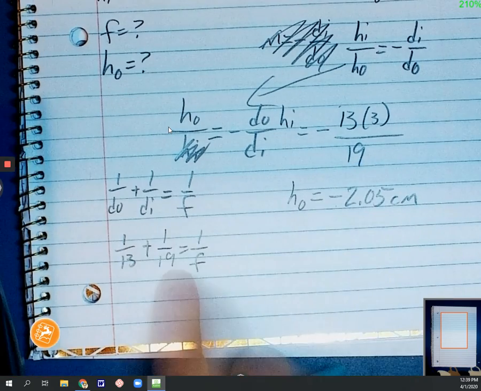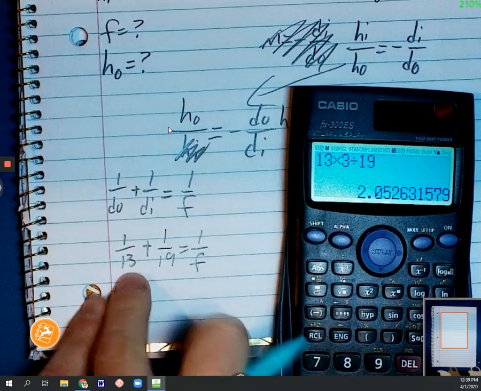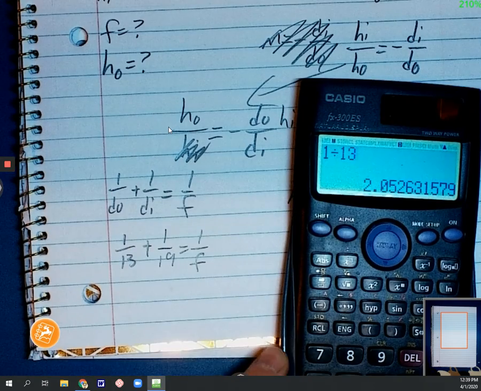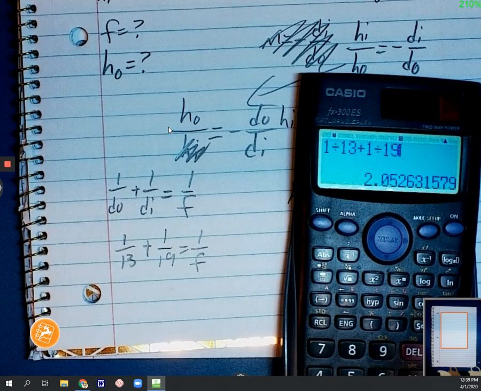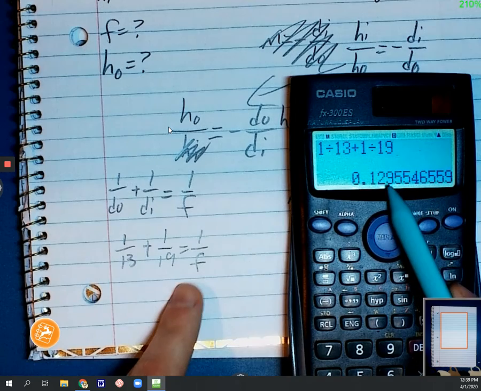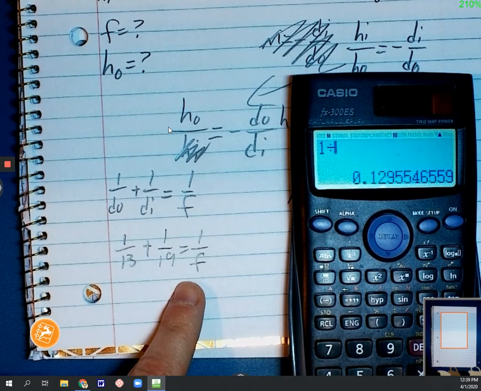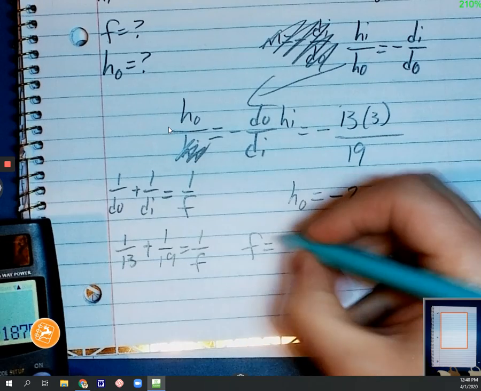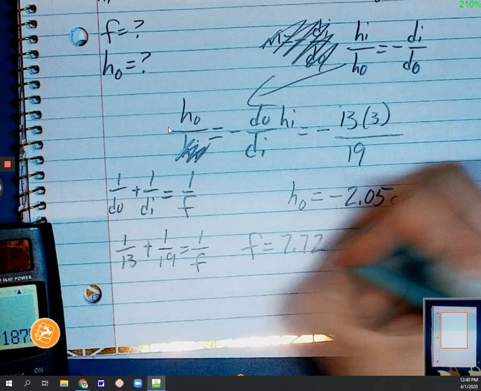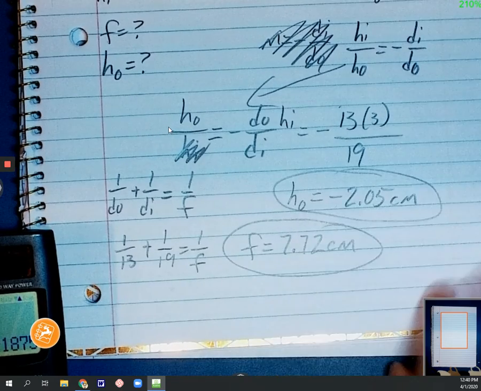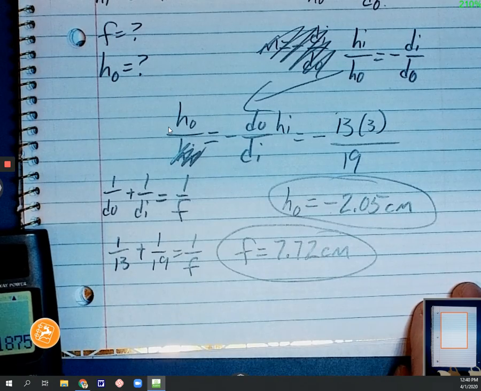In my calculator I solve for 1 over f by doing 1 divided by 13 plus 1 divided by 19, and I get this interesting decimal answer. Now that's 1 over f, so to invert it, I do 1 divided by my answer. That tells me my focal length is going to equal 7.72 centimeters, and I have solved for that.